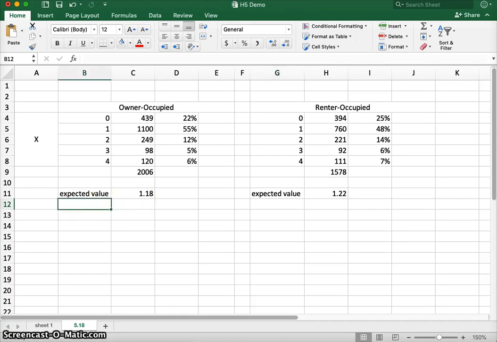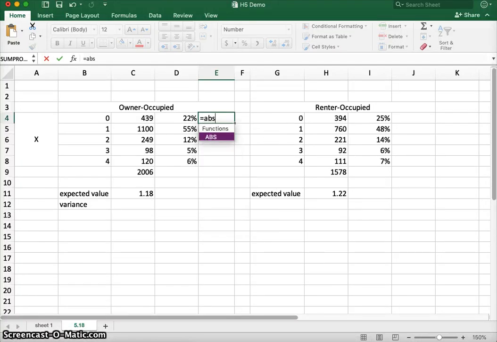Now it wants to know what the variance is in each case. To calculate the variance, we want to know the difference between the result and what happened, squared. We want to take out the negative sign. We don't care if it's higher or lower than the expected value. We just want to know the difference between the actual and the expected value. So we'll use ABS, which just means the absolute value.